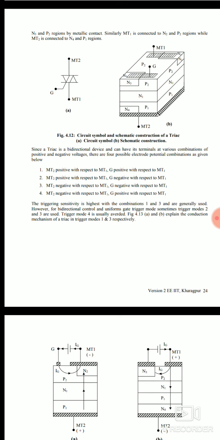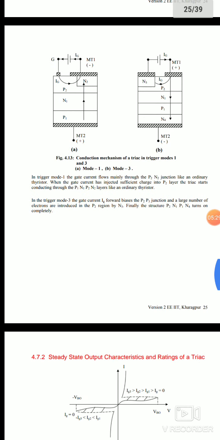And the fourth mode of operation is when terminal MT2 is negative but the gate is positive with respect to terminal MT1. In this fourth operation, P2 and N2 are forward biased and the current carriers are injected, so the triac can be on. And now we will move towards the IV characteristics of the triac.